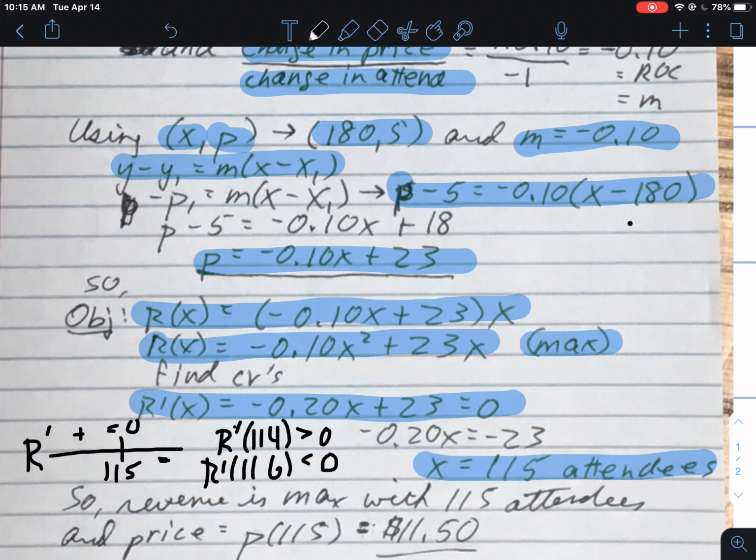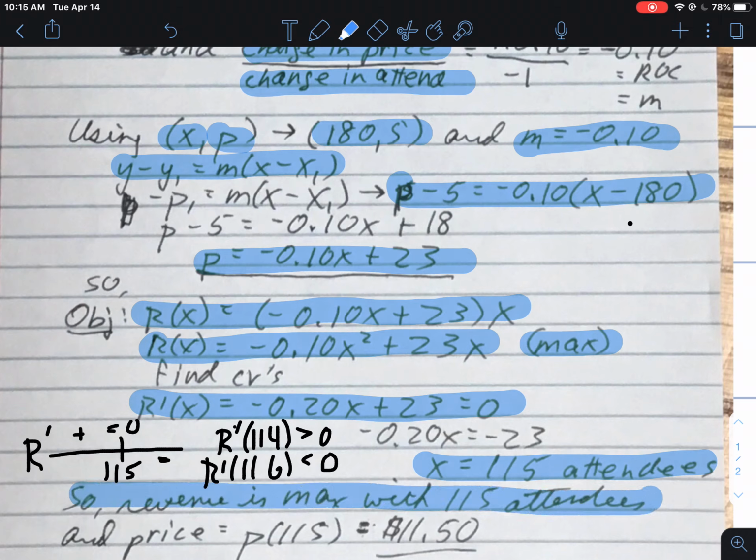So what does that tell me? That tells me that revenue is increasing on the left and decreasing on the right of 115, which makes 115 the location of a maximum. So revenue is maximized with 115 attendees.